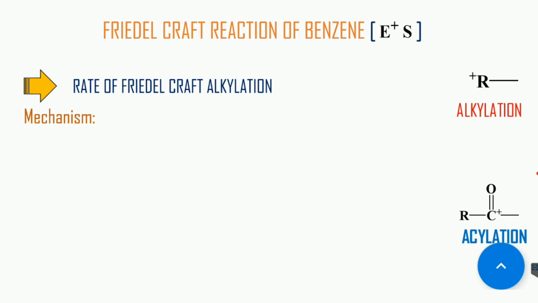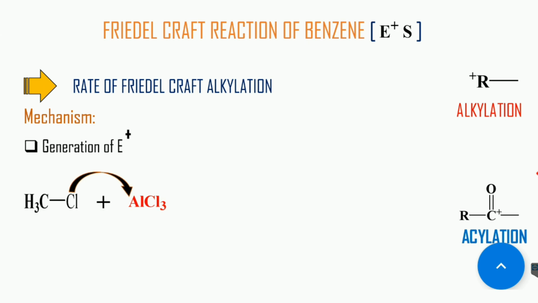So for the mechanism, we go for the first step, that is generation of electrophile. Assume that the reactant like CH₃Cl reacts with AlCl₃, and after fusion a charge difference will occur, and a nucleophile is captured by our Lewis acid, and finally it will be separated out.